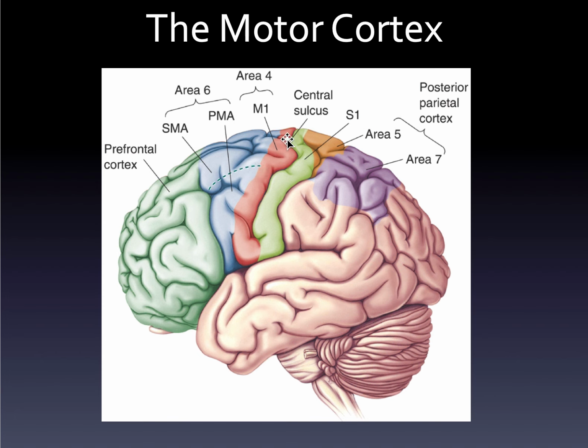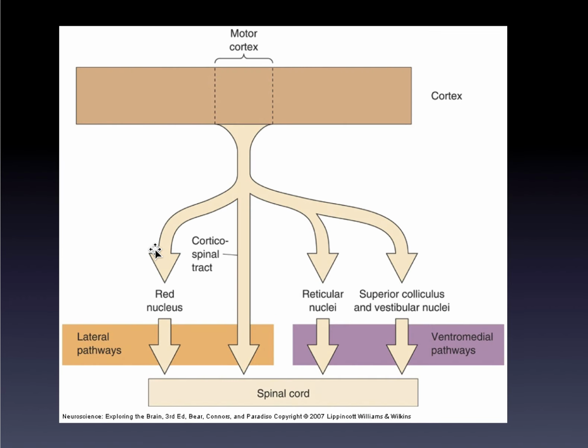Nevertheless, we find this collection of areas, area 4 and area 6, involved in the direct control of alpha motor neurons, as well as, as we'll see, outputs to these other areas, which will then go to control alpha motor neurons.